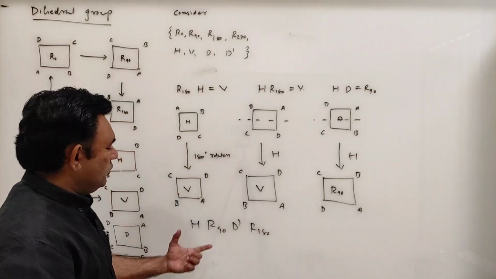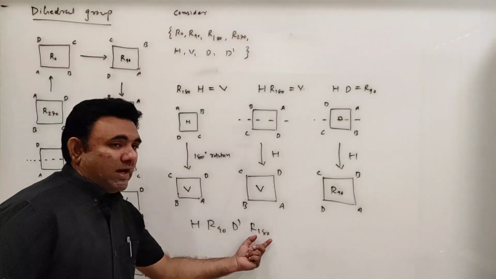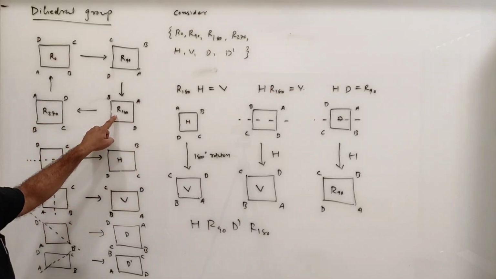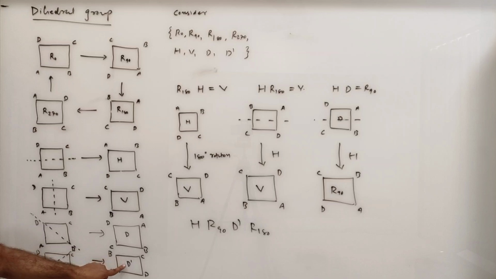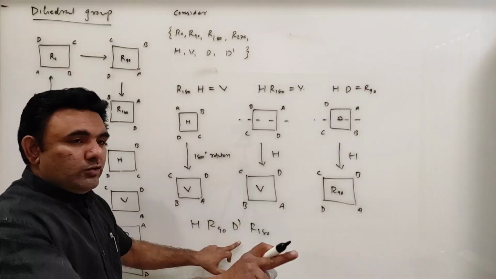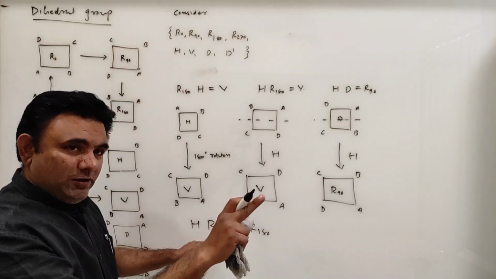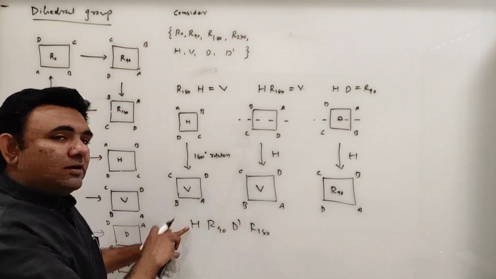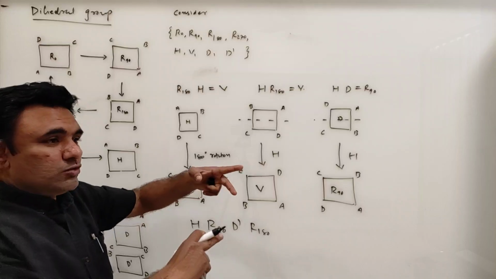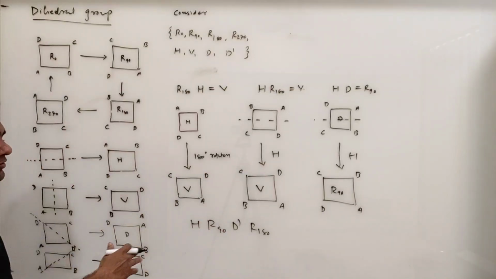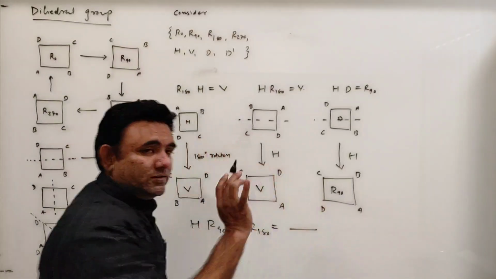What do you mean by this? You start with the R180 position, then you apply the action. How do we obtain D dash? You take the reflection about the secondary diagonal, then on that position you give the 90-degree rotation in the anti-clockwise direction, and then you take the horizontal reflection. You will get one of the positions, and that will be its answer, right?